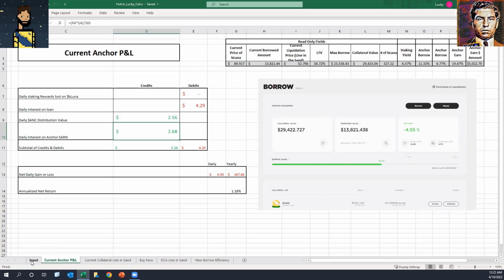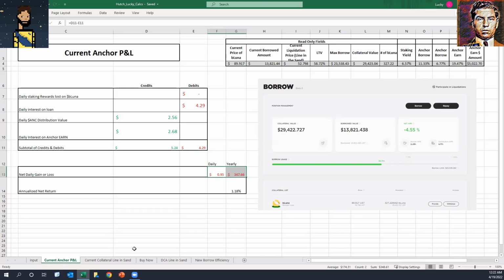The next calculator is going to test how efficient just doing that extra bar to Anchor Earn is. This is just going to tell you globally how you're doing, but at least you're earning an additional $2.68 from Anchor Earn, which totals $5.24. The borrow amount is $4.29, so you're coming out ahead. Oh yeah, I got to change that. I forgot.